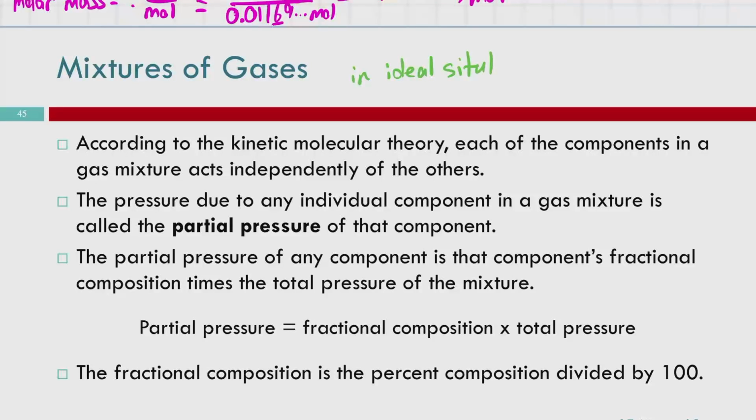In ideal situations, gas identity does not matter. All gases behave the same. This is not true for real gases in the real world, but it's close enough. We can just approximate that it's ideal most of the time.